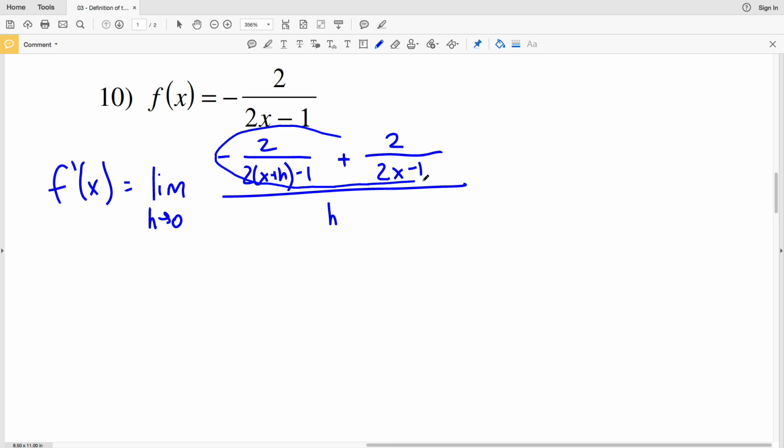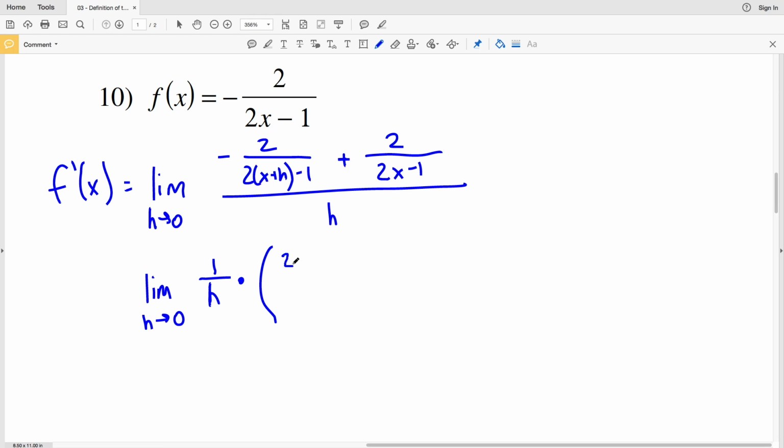Now, in order to combine my numerator, I'll need a common denominator among those fractions, and how I get that is by multiplying the first fraction by the second denominator over itself, which would equal 1, and then multiplying the second fraction by that first denominator over itself. So you'll see that I'll have the limit as h approaches 0 of, and as opposed to writing that all over h, I'm just going to write 1 over h times that quantity because it's the same thing.